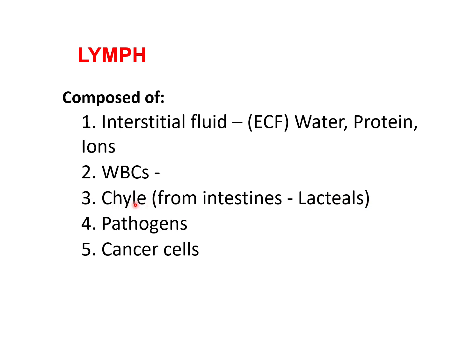These are small droplets that are encapsulated in lipid bilayers in vesicles and so forth. You may have pathogens in there and cancer cells. These are all things that are sometimes found in lymph.